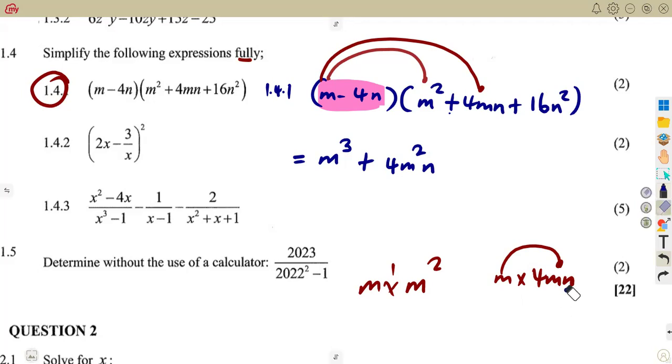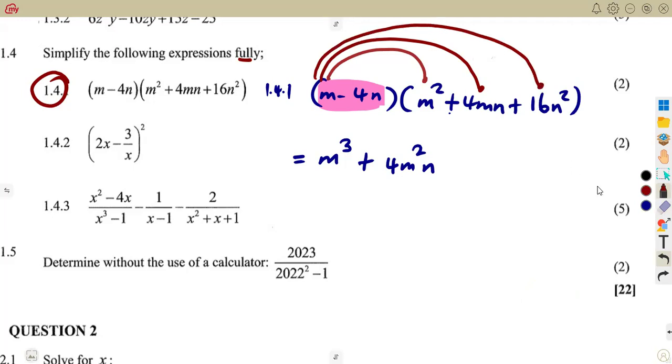Remember, there's n there, okay? The same thing, the m multiplies the 16 there, which is at the end, and it's positive. So that's positive 16mn squared. Take note, it's m and n squared. And also on the order there, take note here, you started with m followed by n.